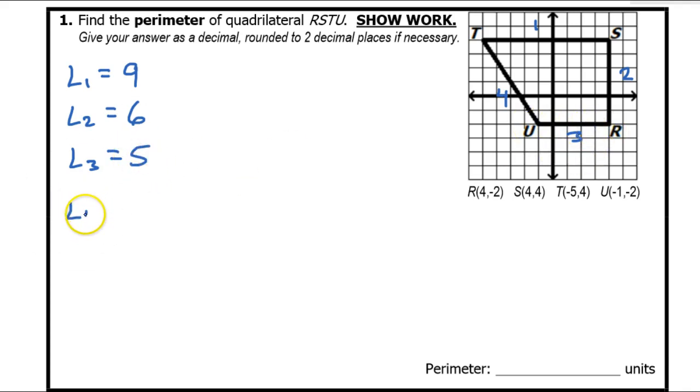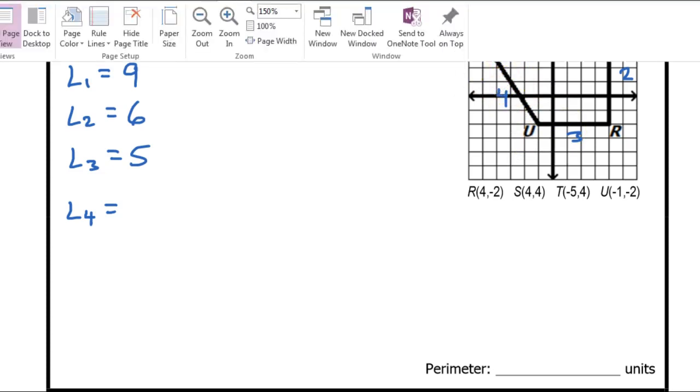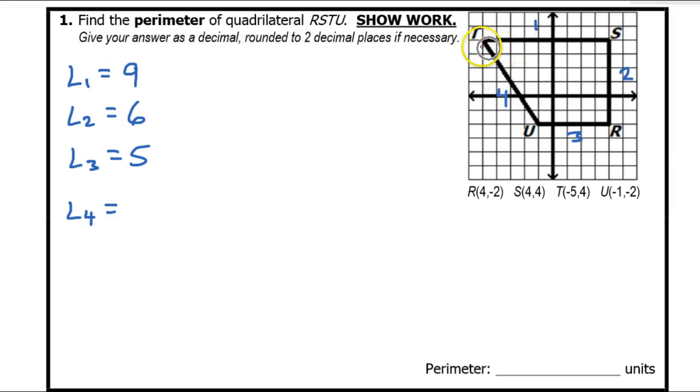Length 4 is the only one that takes a little bit of effort. Because it's slanted, we need to do the Pythagorean Theorem to find it. That might look something like this. If I make a right triangle so that the line I want the length of is the hypotenuse, and then count the horizontal, which is 4, and the vertical, which is 6, then I can do the Pythagorean Theorem.